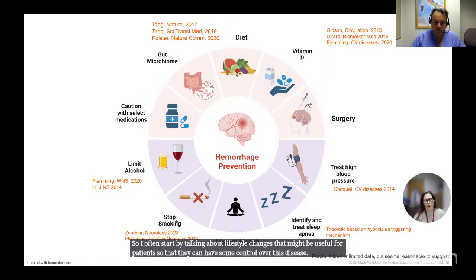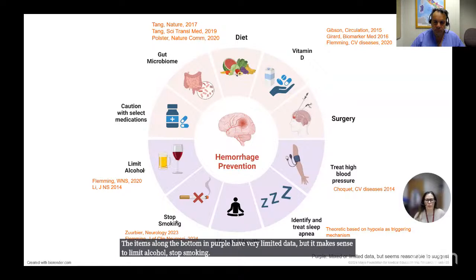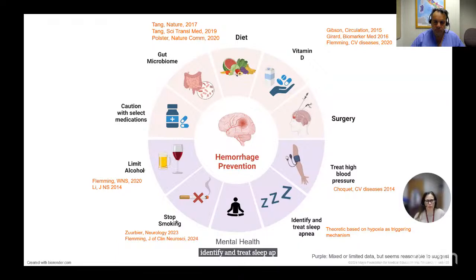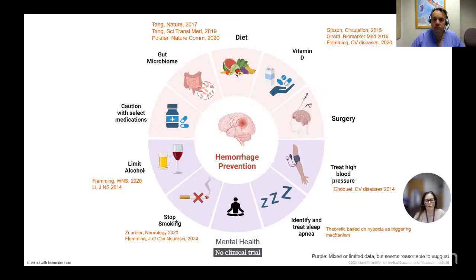The items along the bottom in purple have very limited data, but it makes sense to limit alcohol, stop smoking, identify and treat sleep apnea, and treat high blood pressure. Along the top, we talk about vitamin D. There's indirect evidence that lower vitamin D is associated with bleeding compared to higher levels. No clinical trial evidence as to whether vitamin D supplementation is helpful, but has low risk and might be considered.